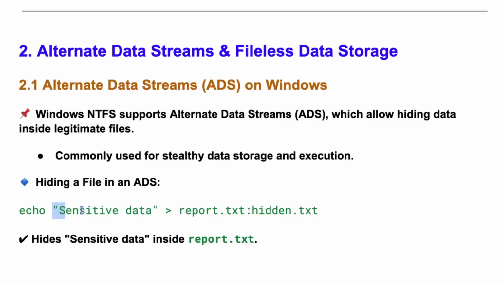It just hides it, which is what you can see right here. And this is just one of the things that's available from the Windows file system that supports alternate data streams. So you can just take the sensitive data, whatever it is, and put it inside of any given text file. Just make sure that you have this last element attached to the command so that it hides that sensitive data inside of the text file.